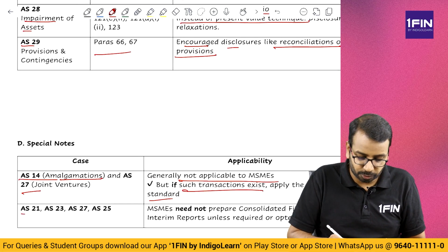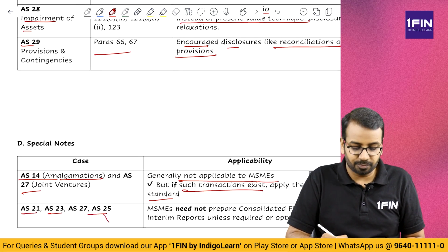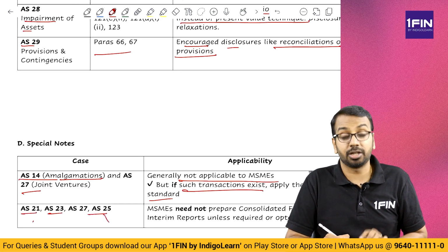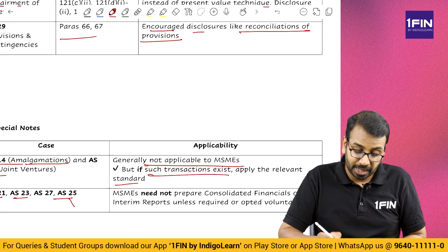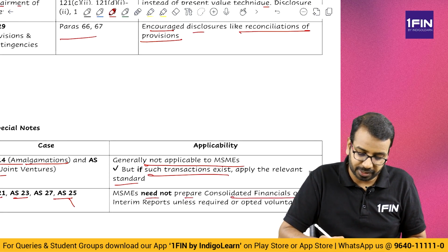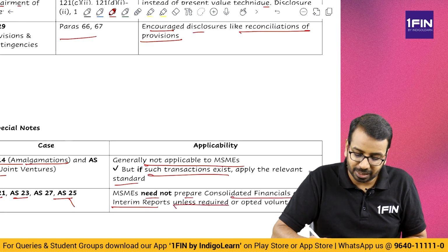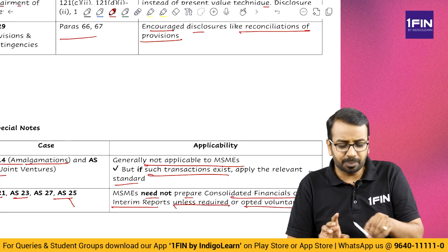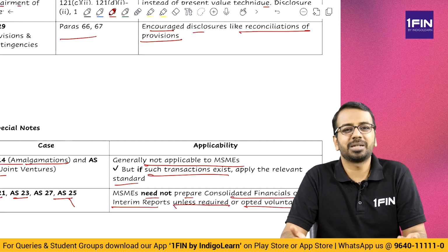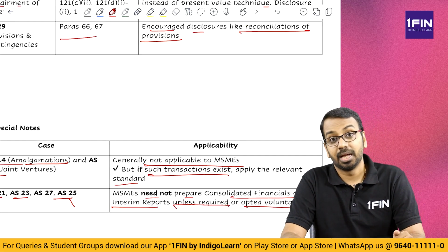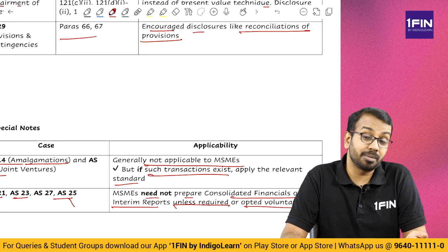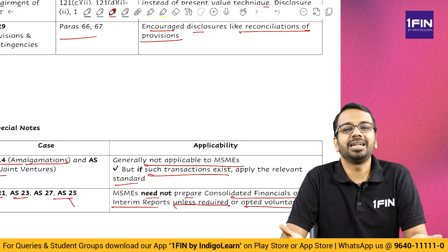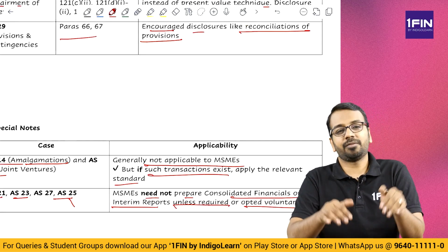Similarly, things related to 21, 23, 25. 25 is interim financial reporting, 21 is consolidation, associate, joint venture. MSME did not prepare consolidated financial or interim report unless required or opted voluntarily. So typically, interim financial statements are prepared by listed companies. Okay. Now, if it is a non-MSME, it may not be required to prepare interim financial statement or consolidated financial statement.